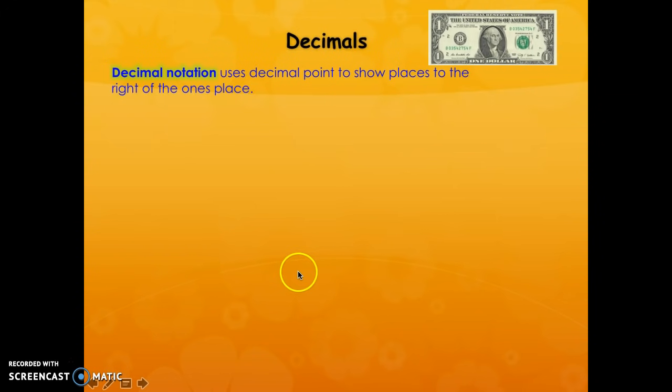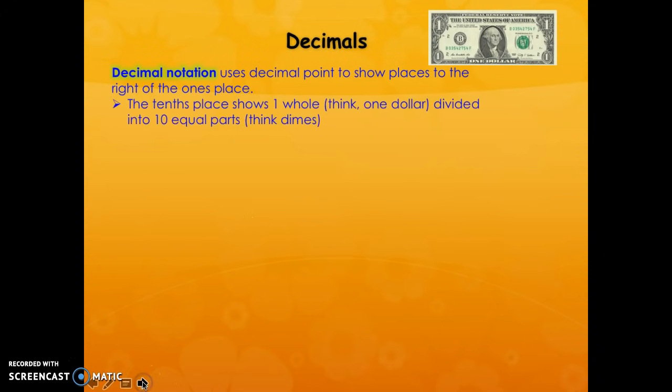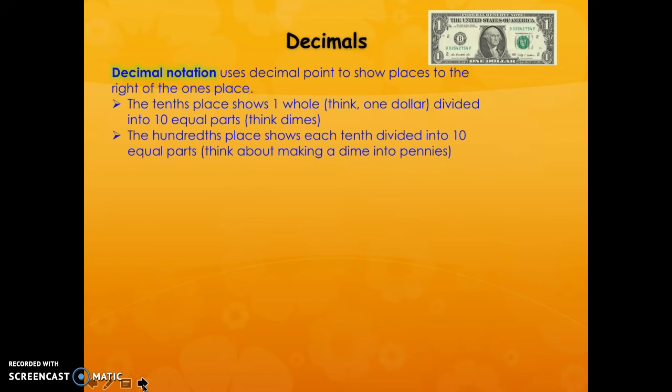All right, I love money. I think we all know and use money, so let's see if we can use money to make sense of this. So the tenths place shows 1 whole. So if we think of a dollar divided into 10 equal parts, think 10 dimes. The hundredths place shows each tenth divided into 10 equal parts.